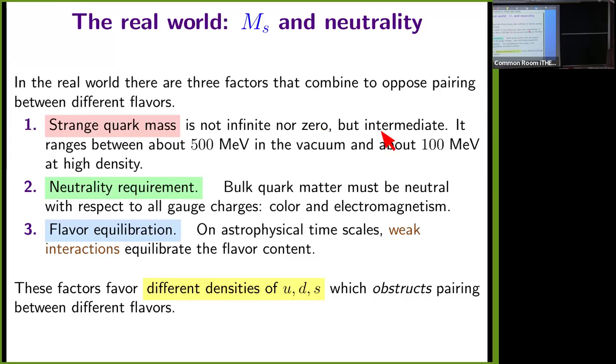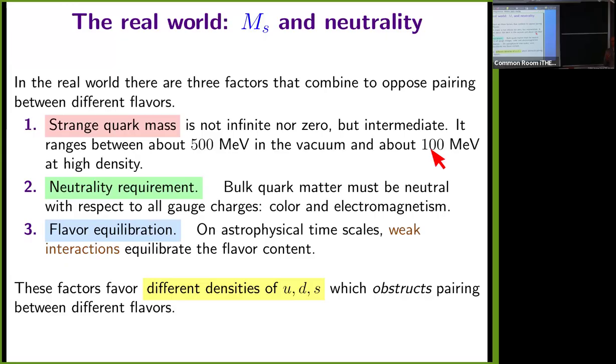I'm talking about a sort of effective constituent quark type mass here, so the mass that includes the chiral symmetry breaking contribution. And in the vacuum, that's about 500 MeV. And at high density, the chiral symmetry breaking contribution becomes less or goes away depending on the phase, and the strange quark mass drops to about 100 MeV. But either way, it's right there in the same range as your chemical potential for quarks, which is about 300, 400 MeV.